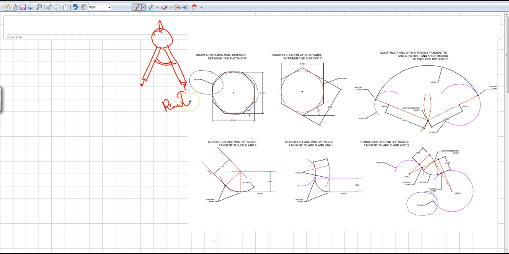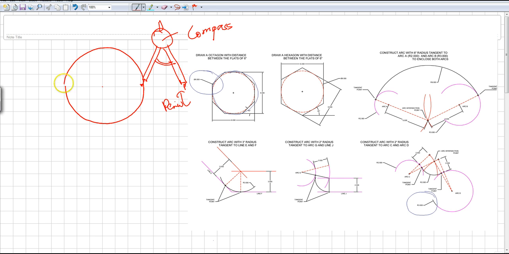So you would be using the compass to draw your circle. So what I would do is put my sharp end of my compass right here and my pencil end right here, and just go ahead and draw my circle.